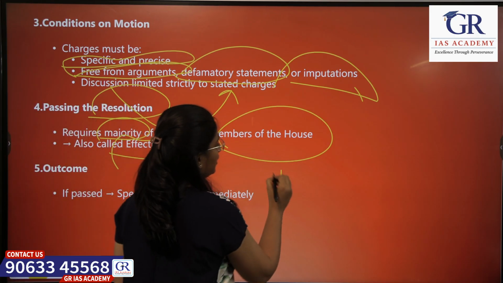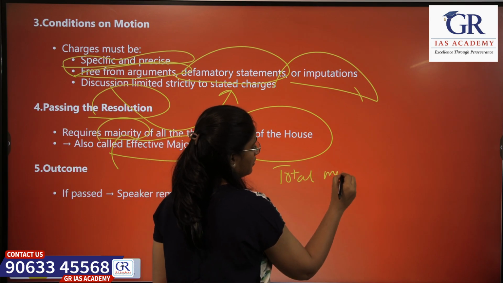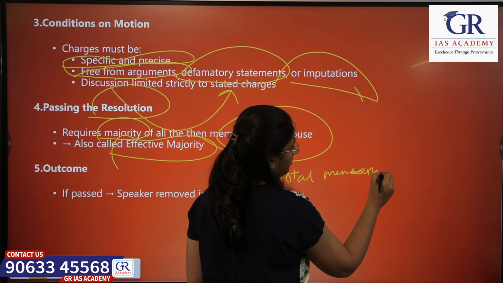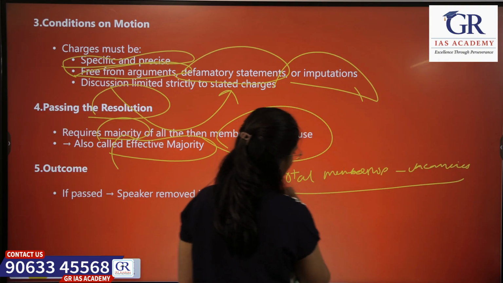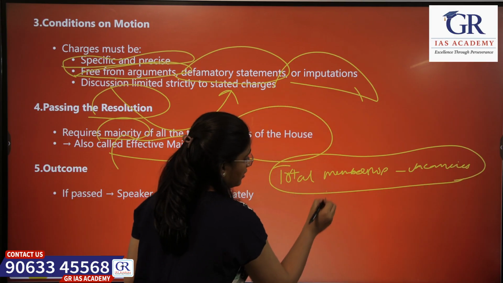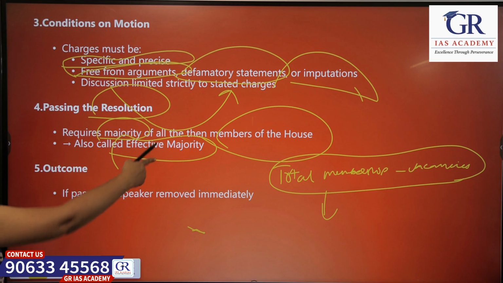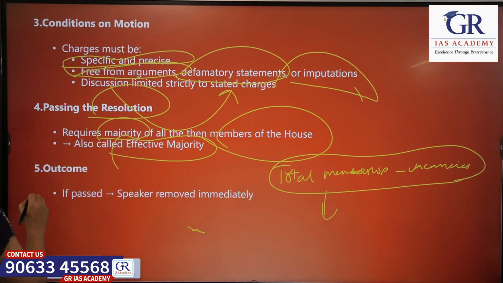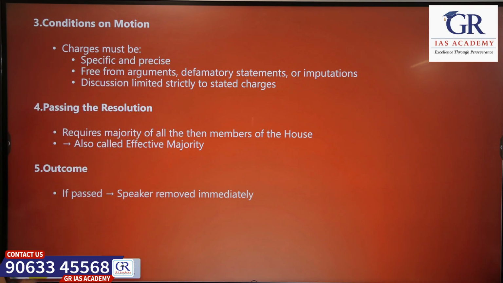That means total membership minus vacancies. So for an effective majority, the majority of total membership minus vacancies is considered. If the motion is passed, then the Speaker will be removed immediately from his position.